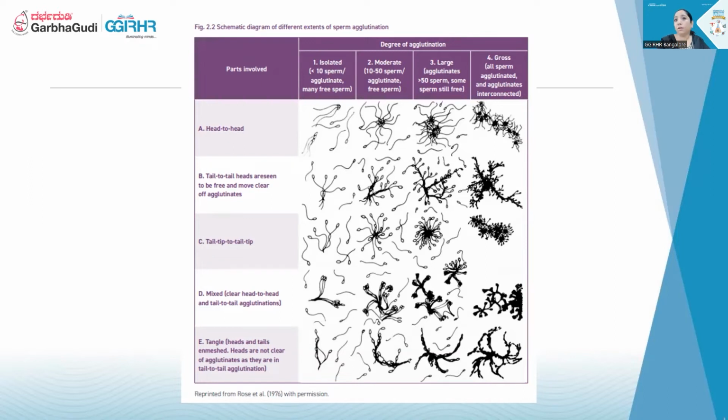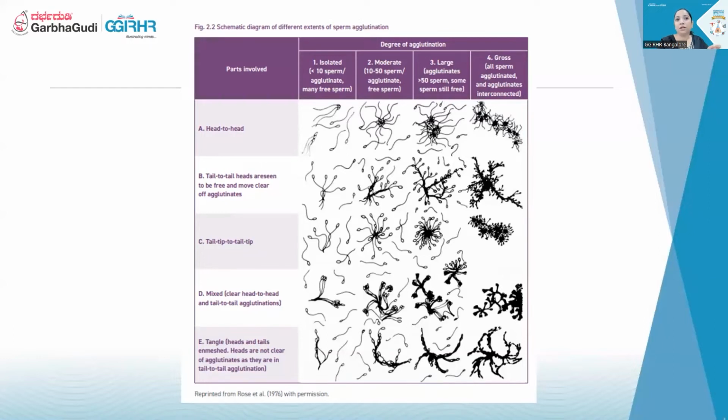And then you have the gross category, where the majority, more than 50 to 60% or more, would be interconnected, forming an agglutinate. Again, in agglutination you have different variations. It could be head to head, as you can see in the first column where the sperm are attached head to head, or tail to tail, or tail to head. All these variations have to be noted down.